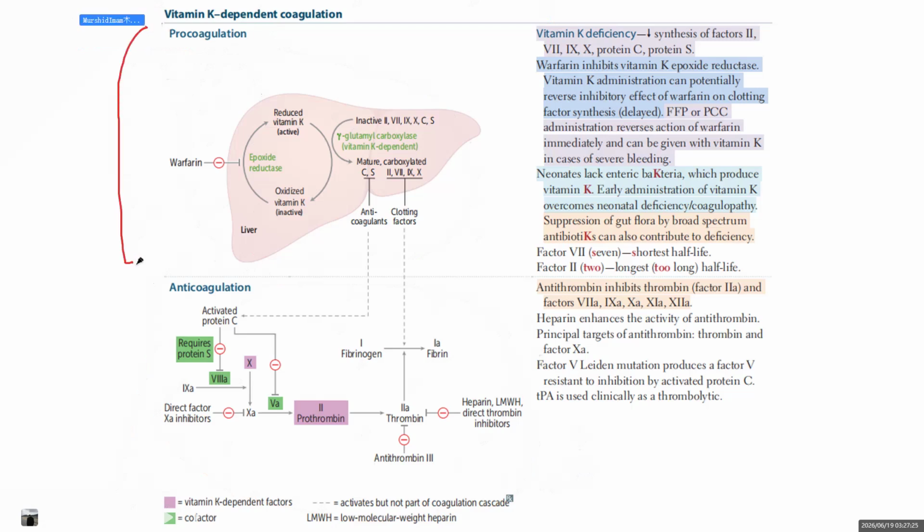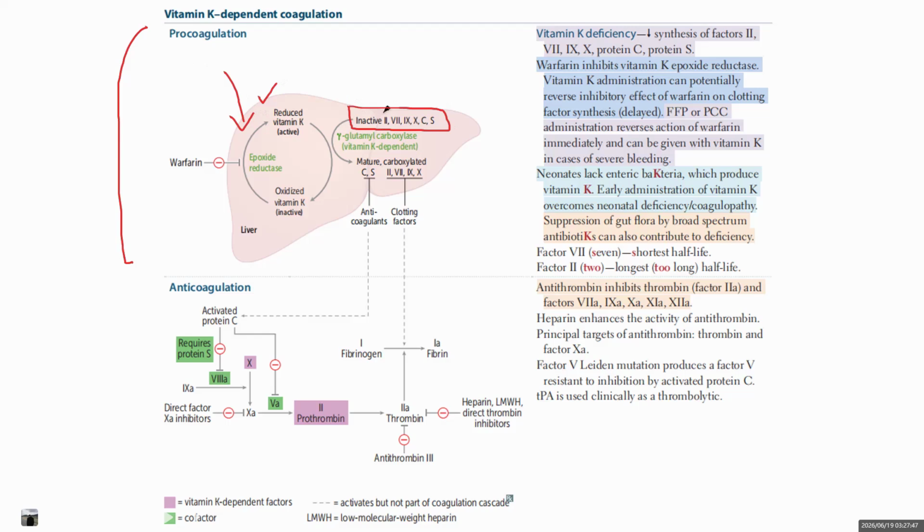Do remember one physiological concept: vitamin K is usually needed in the liver to activate certain clotting factors. We have the vitamin K inside the liver, and what is it doing? Vitamin K is specifically converting the inactive form of the clotting factors that we discussed in our last lectures, right?